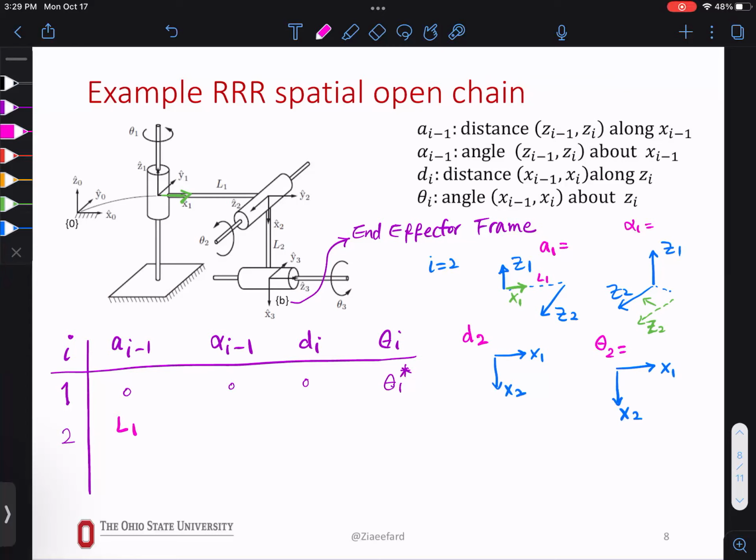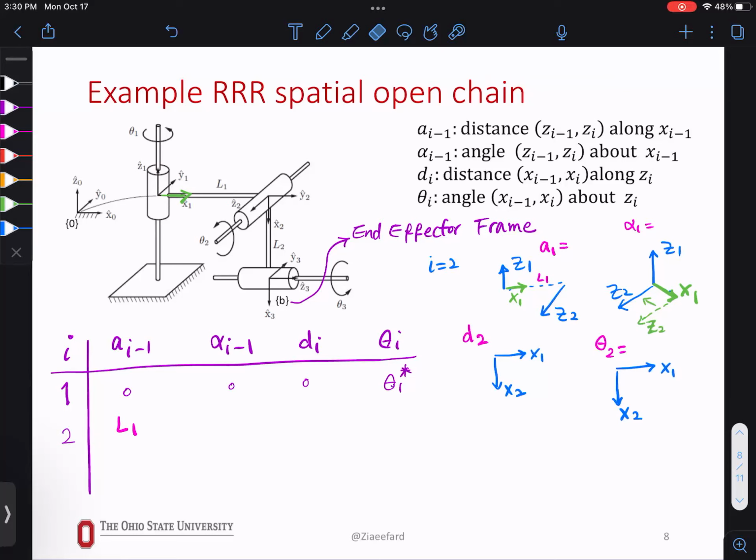Alpha 1 is the angle between Z1 and Z2 about X1. X1 is still in this direction, because I know this is Z1, this is X1. All I did is shift X2 so it's easier for you to see. Now, a lot of you put 90.